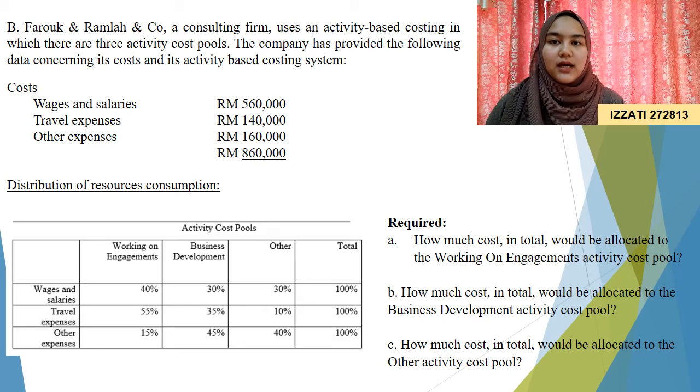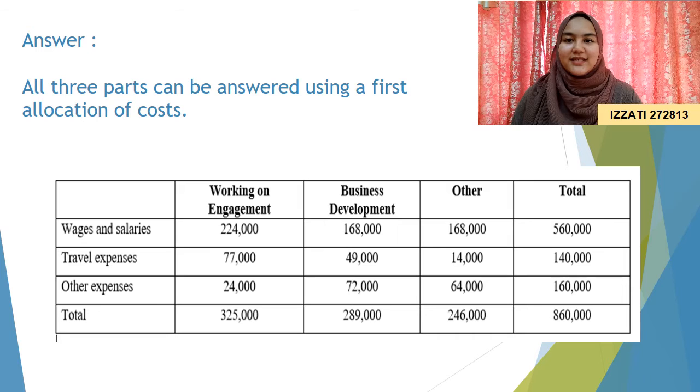So let's see how to solve the question. So this is the answer. All 3 parts can be answered using a first allocation of cost. Okay, the step is you should know how much the total cost for wages and salary, travel expense and other expense first. Then I will explain in more detail how to calculate in the next slide.